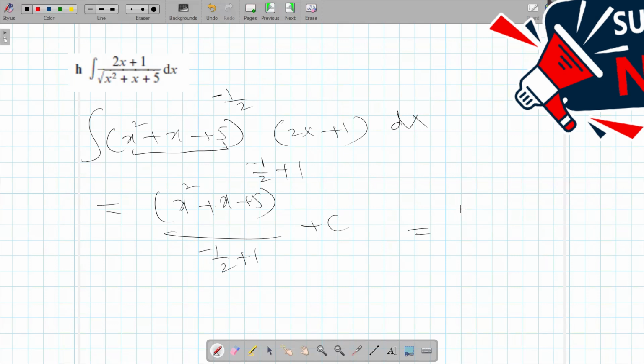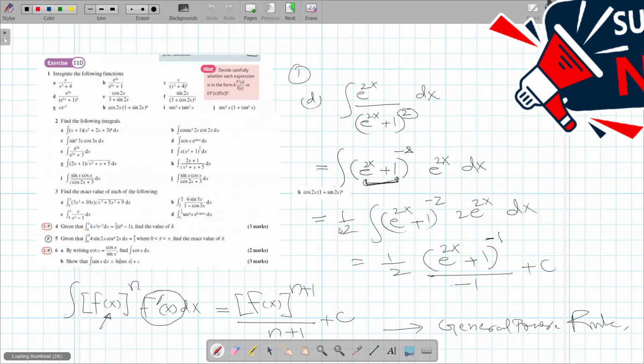That's it. So it will be the square root of x squared plus x plus 5, divided by 1 over 2. So this is going to be 2 times the square root, plus C. That's it.